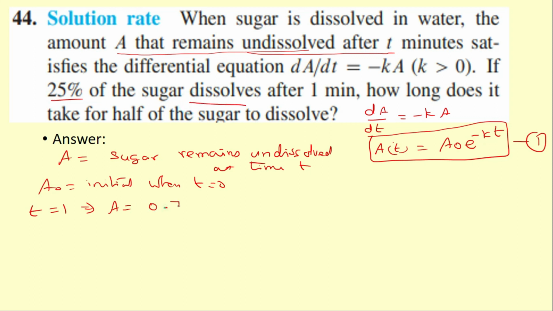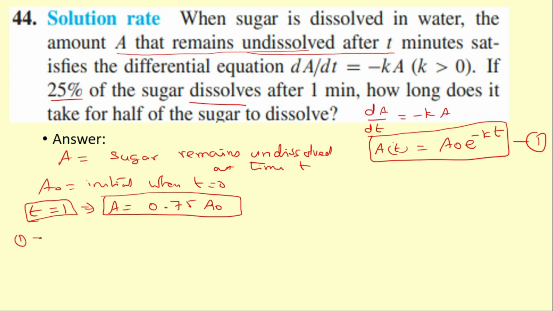Therefore, this is 0.75 times A0. A0 is the initial sugar. Out of the initial sugar, 75% remains undissolved. So when t is 1, A is this. These two values can be used in equation number 1 to figure out what k is.